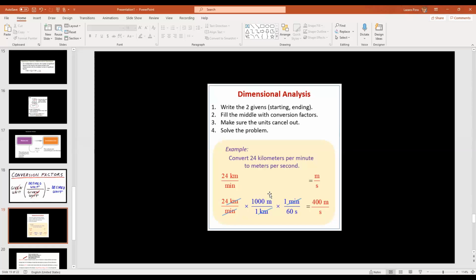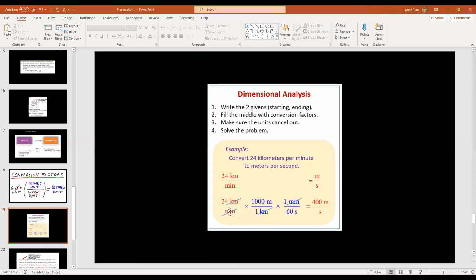Meters will be at the top because it's the desired unit, and kilometers at the bottom because it's the given unit. You go to a table and you find that 1 kilometer is 1,000 meters. And then you use this factor to do the conversion.